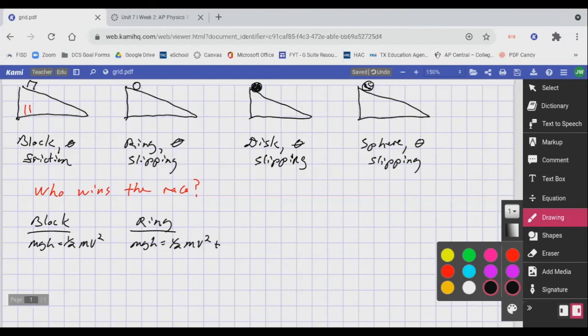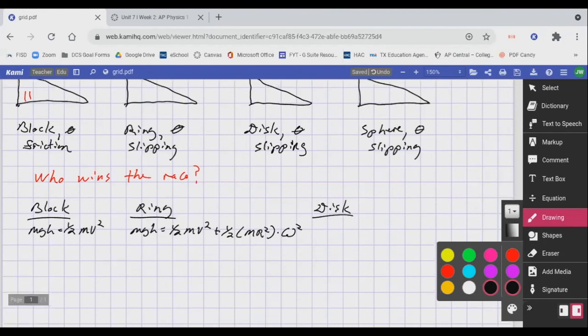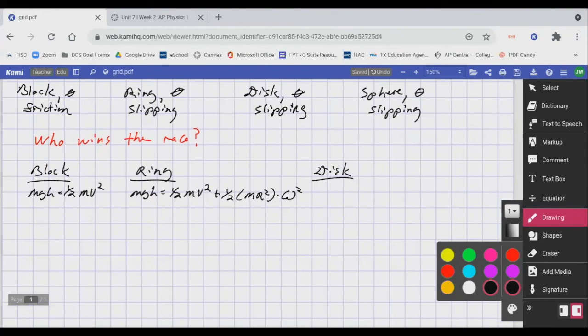Don't let me go wrong on this. So it'll be 1/2 times mr squared times omega squared. Isn't that right? And then if we looked at the disk, I'm going to scroll this up just a little bit so I can write on my pad.